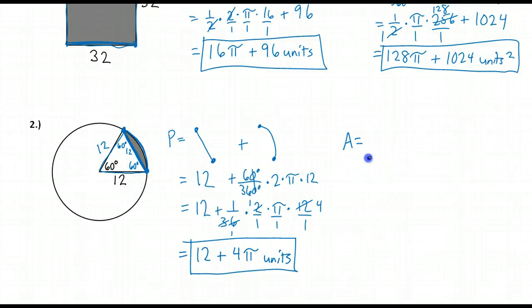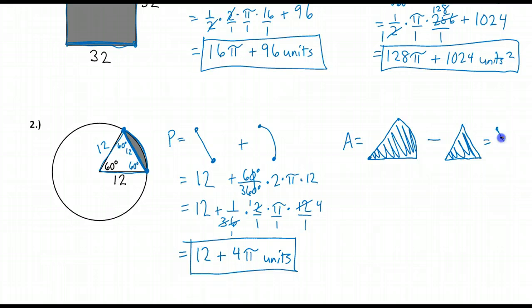So if I find the area of my entire sector, I'm going to have all of this area, and I subtract off just my triangle, I'm going to be left with just that little sliver of a shaded area. If I took this sector and I cut off this triangle right here, I'd be left with just this sliver. So this is how I want to figure out this area.